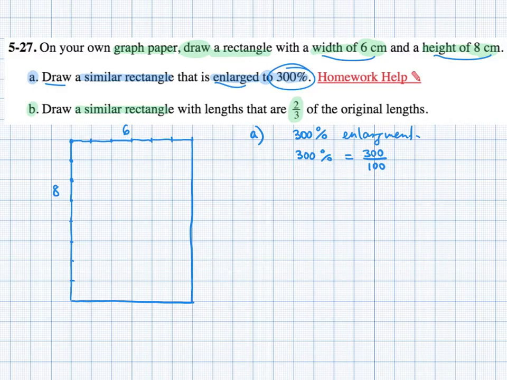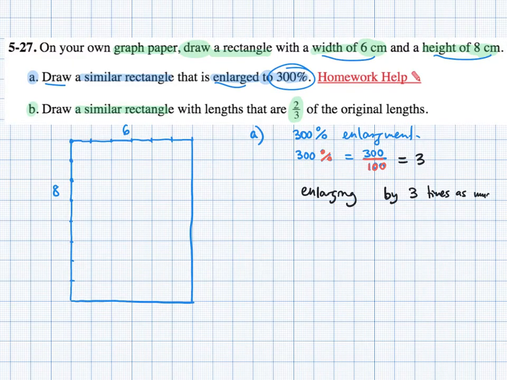Percent means divide by 100. So what is 300 divided by 100? In this case, it's just 3. So what it means is we are enlarging both length and width by 3 times as much.